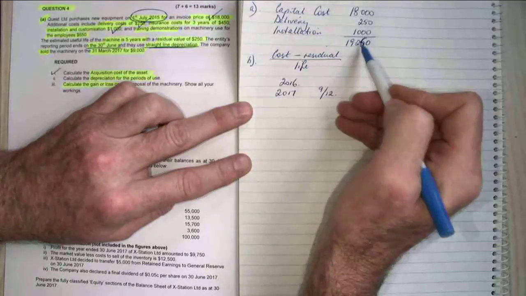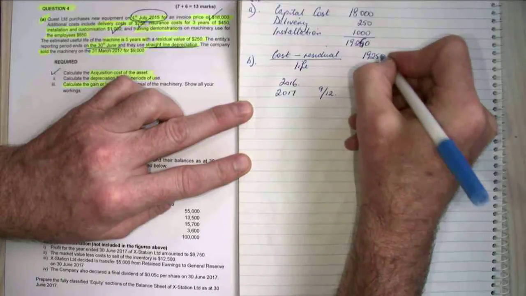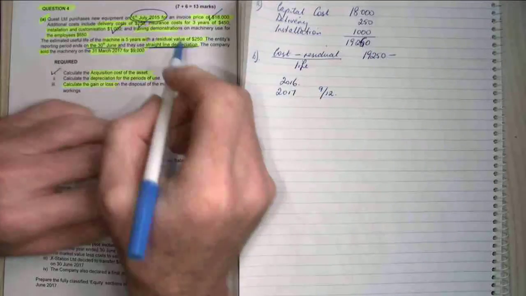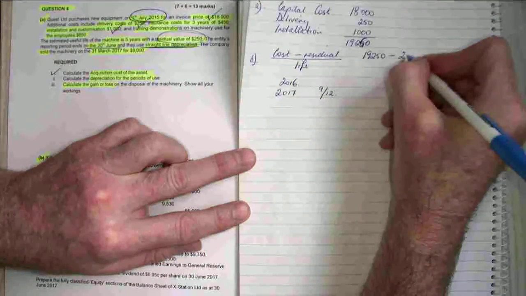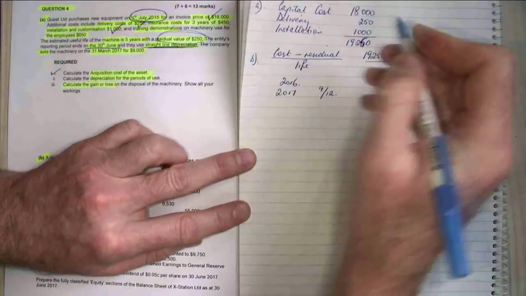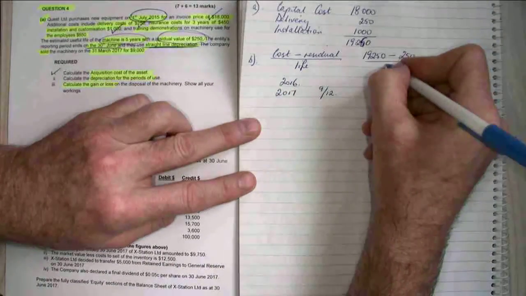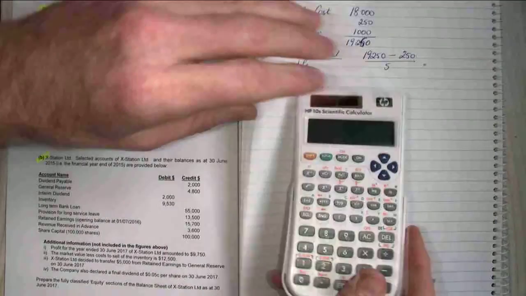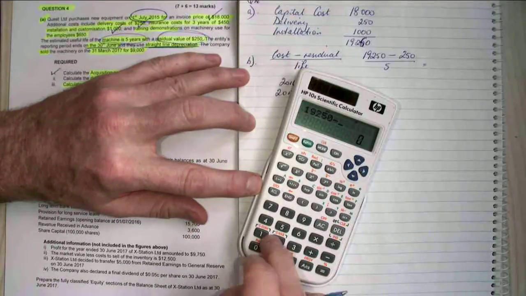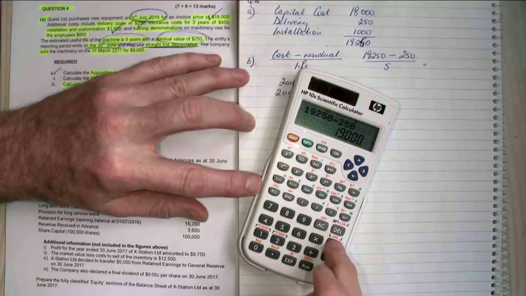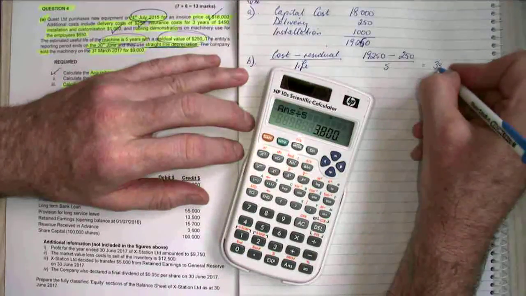My cost is $19,250, minus my residual value of $250, divided by my life, which says the machine is in for 5 years of use. So 19,250 minus 250 equals 19,000, divided by 5 years equals 3,800 per annum.